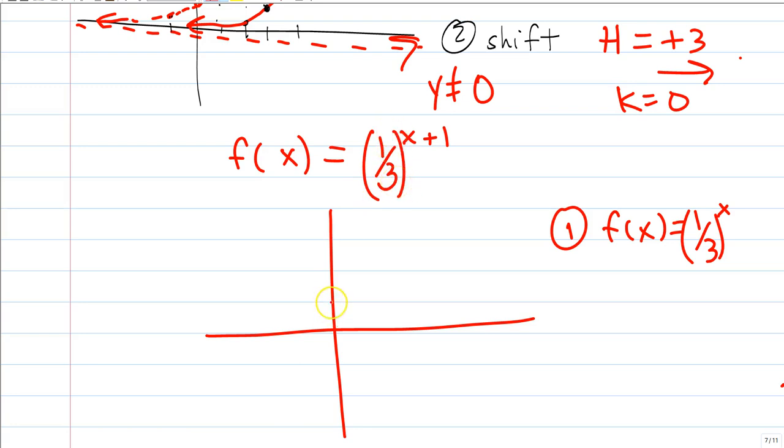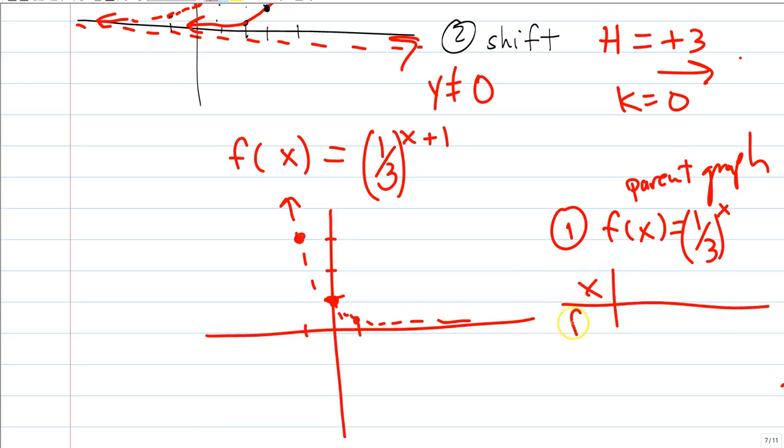What is 1/3 to the 0? What is 1/3 to the first? What is 1/3 to the -1? This is our parent graph. These same 3 points that I do just from the parent graph were -1, 0, 1. 3, 1, 1/3.